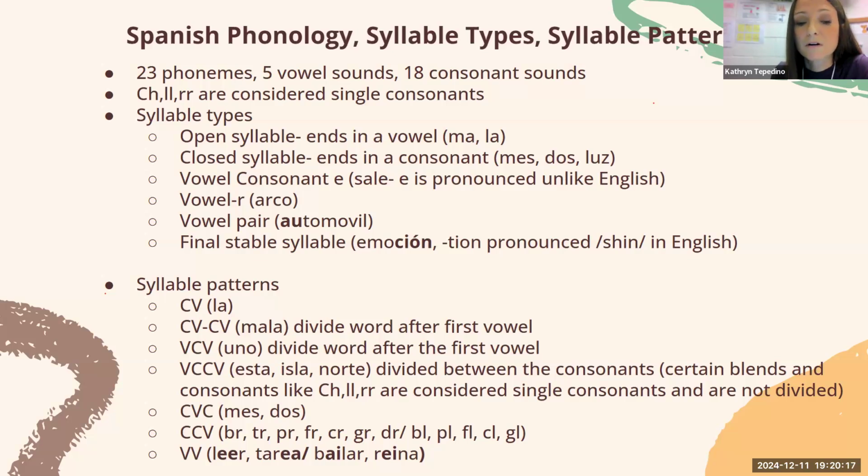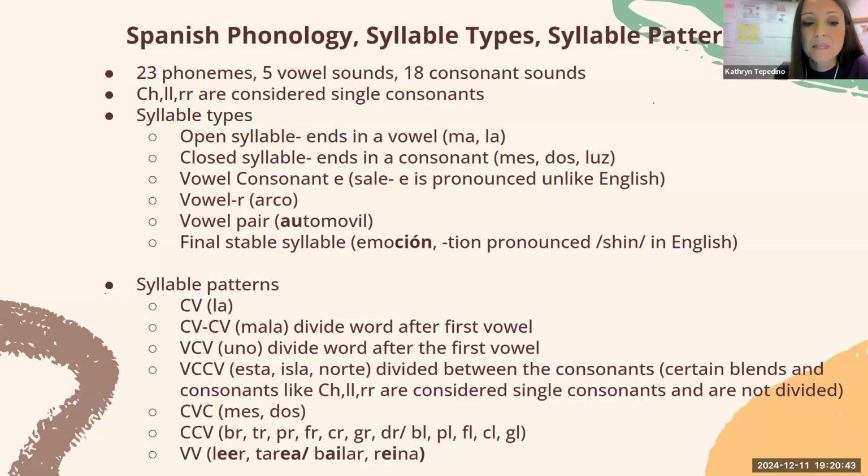Then you have VCV, which is like uno. We teach them to cut the word after the first vowel. Then you have VCCV. We also have this in English. We teach the students to cut between the two consonants unless it's a blend or a double L, double R, or CH, then they stay together.